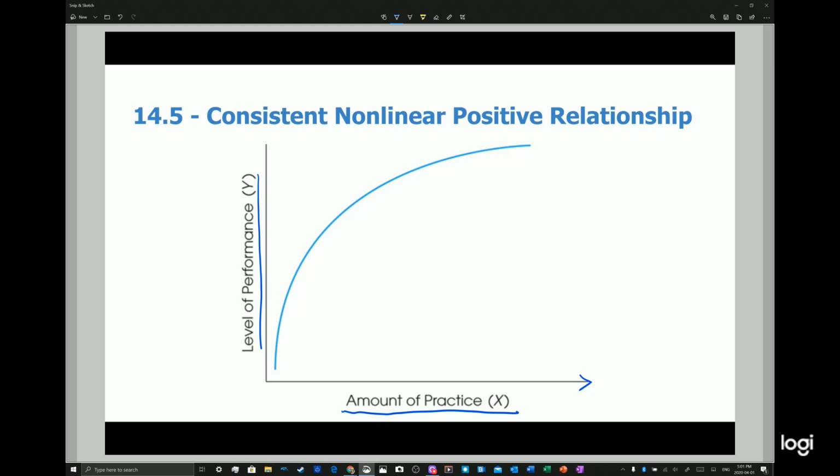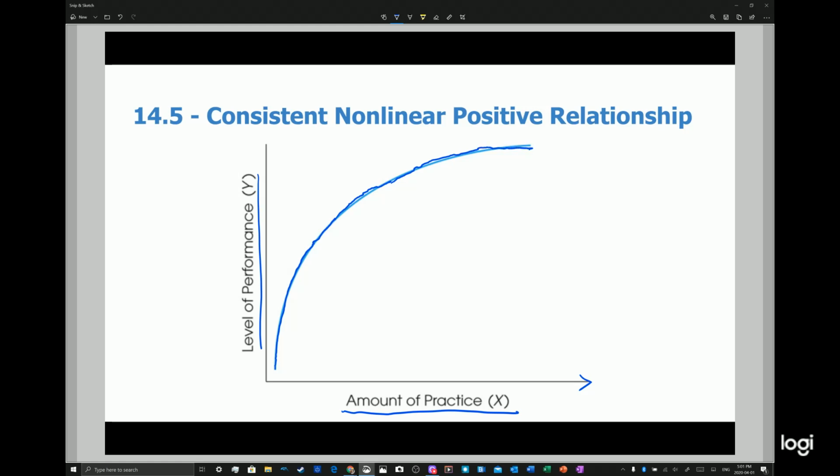Yes, at the beginning, if you have no practice and if you practice even a little bit, you're going to get massive gains in performance. But as you practice enough and start to master what it is you're supposed to do, it could be statistics, it could be writing, it could be drawing, anything that requires some sort of skill, and that is honed by practice. The higher level you go, the better you perform. As you add in more practice, the less the gain you're going to get.